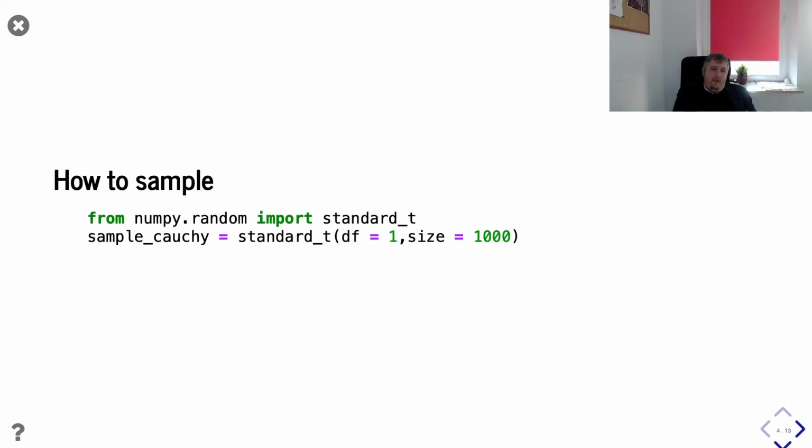And sampling from it is actually very simple, because we can generate samples from, let's say, the Cauchy distribution just by assigning 1 degree of freedom to a standard t distribution.